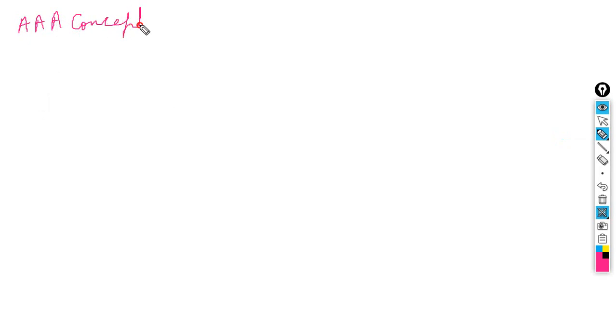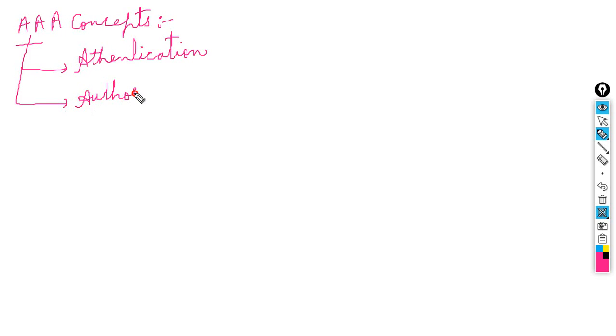This one we already discussed in our CCNA also. We need to remember AAA stands for Authentication, Authorization, Accounting. AAA is nothing but authentication, then we have authorization, and accounting.